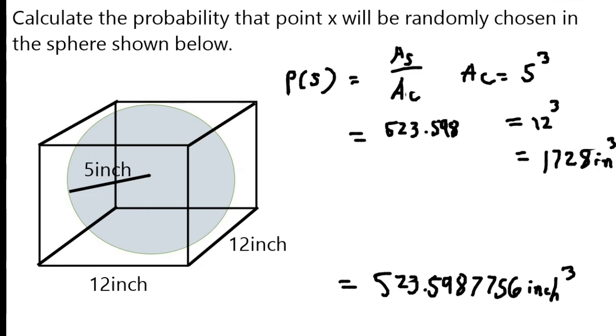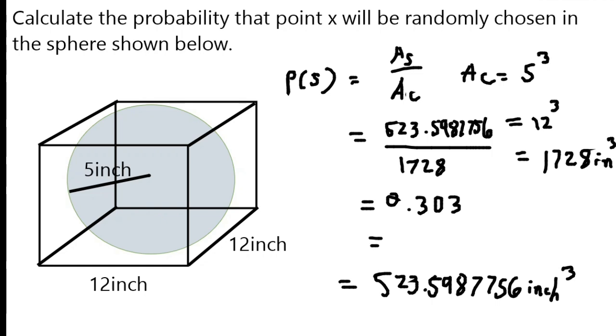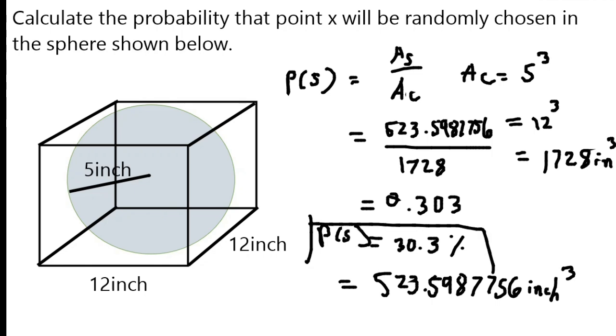So we're just going to plug it into this ratio. Using our calculator, what we will get is 0.303, which is 30.3%. So the probability that point X will be randomly chosen in this sphere is 30.3%. So that's it for this video.